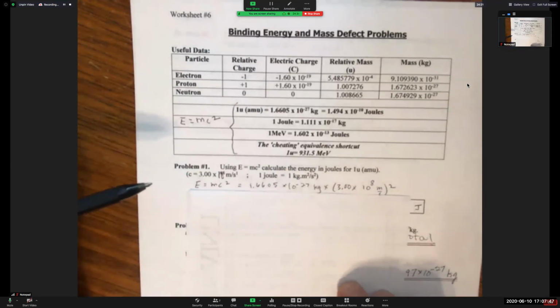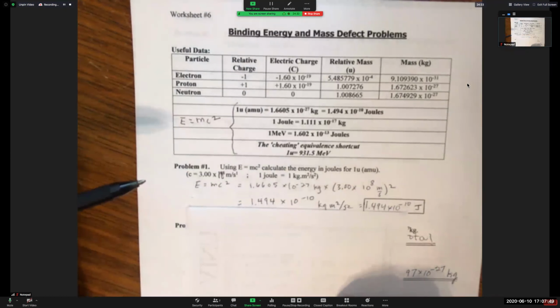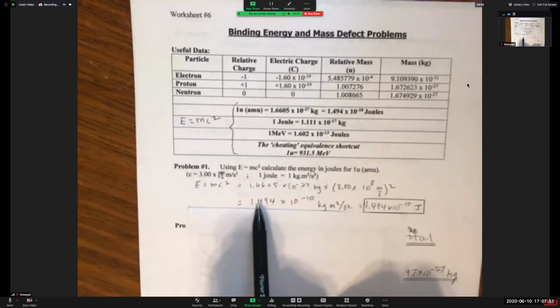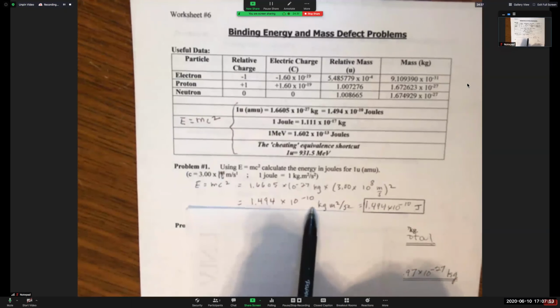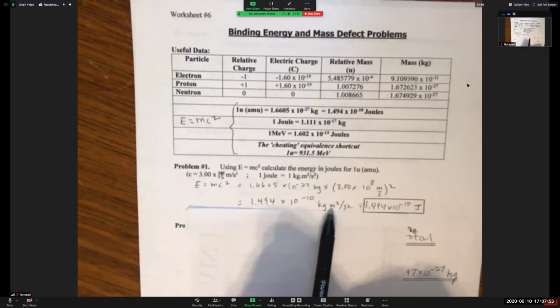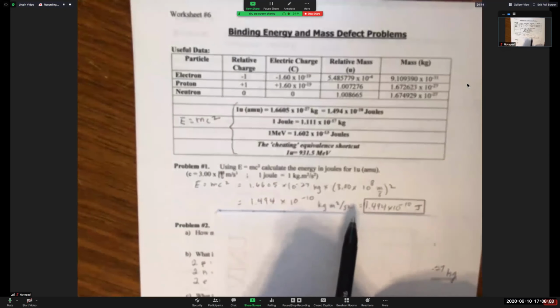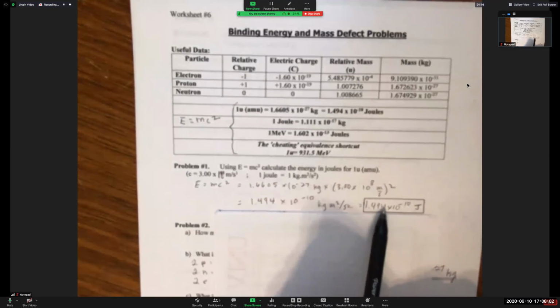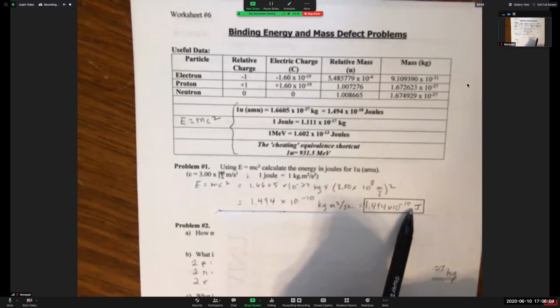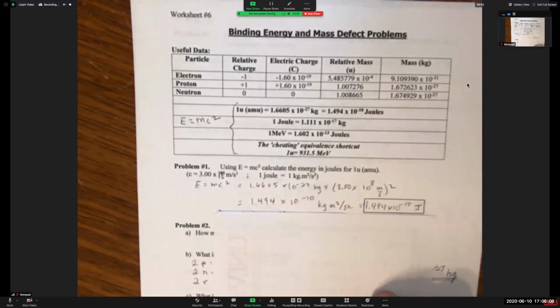So we do that calculation, you get 1.494 times 10 to the minus 10th kilogram meter squared per second squared, and that converts directly into joules, 1.494 times 10 to the minus 10th joules. So those are the steps you'd go through to calculate joules from E equals mc squared.